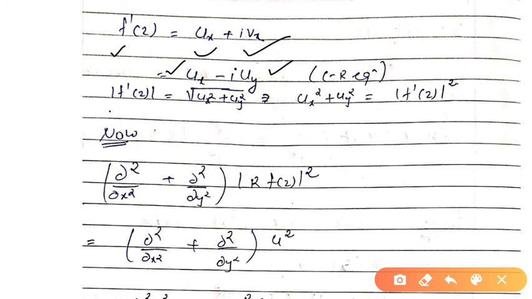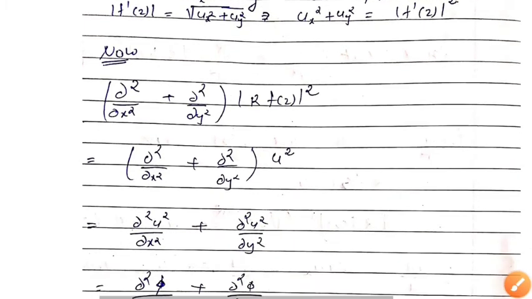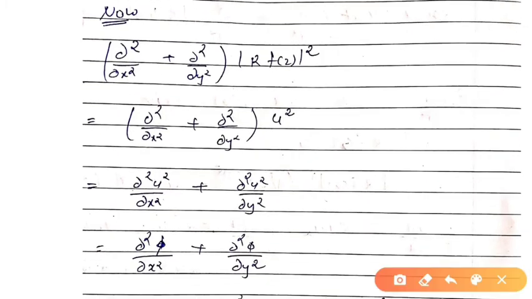If I take modulus of this, then you can write under root of ux square plus uy square. If I square this, you get ux square plus uy square. Now let us move back to the question.